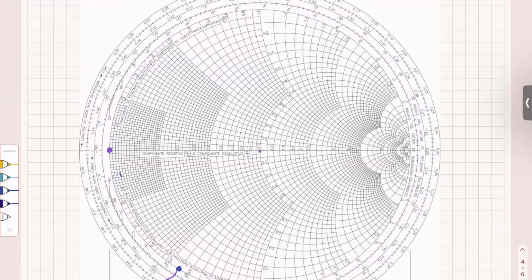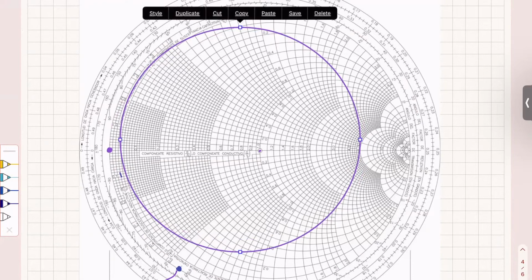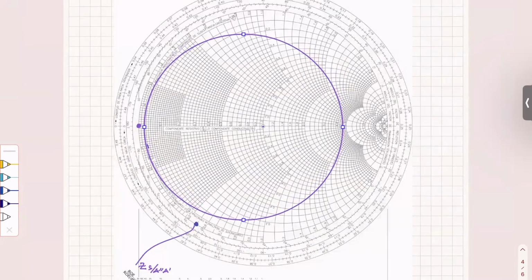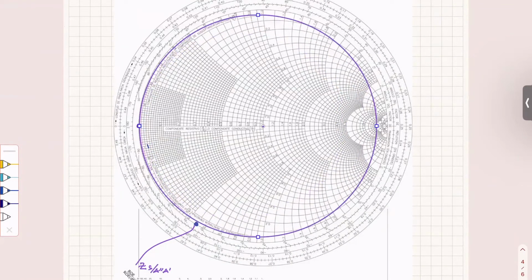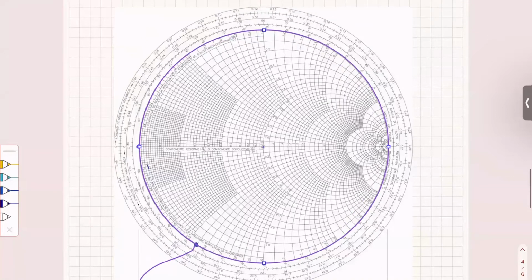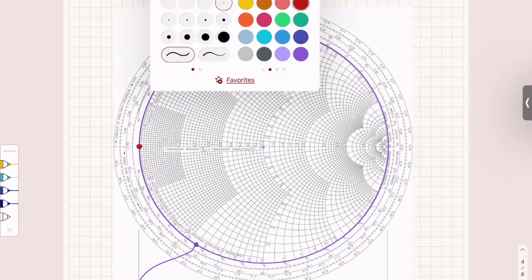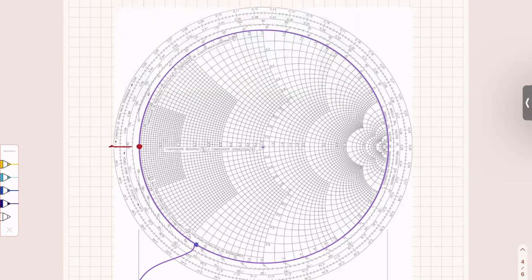Do it quickly and I will fix it. All right, so now we will have to move from the end of the stub, which is short, which is here. I will use a red color. I will have to move from that, and that's the end of the stub. And we have to move towards the generator, so we are moving this way.